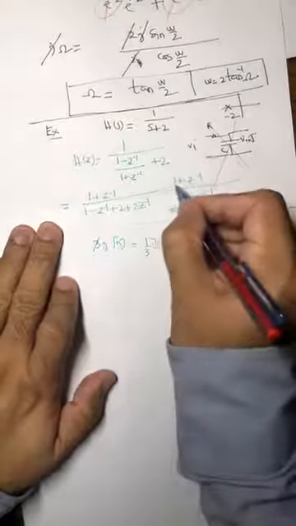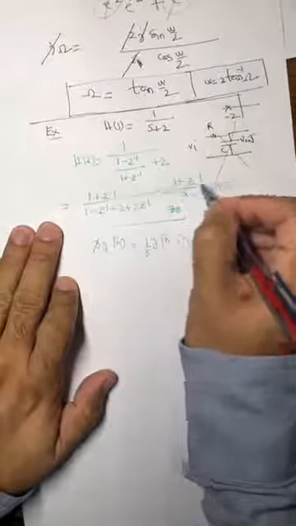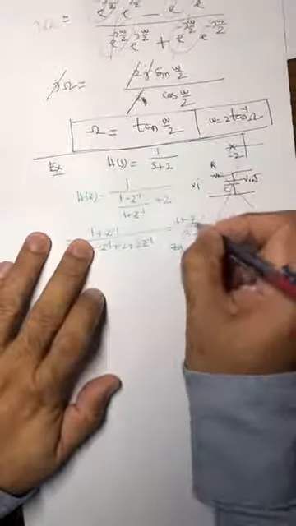Actually here you can divide and multiply, the 3s go away, and this becomes 1 over 3.